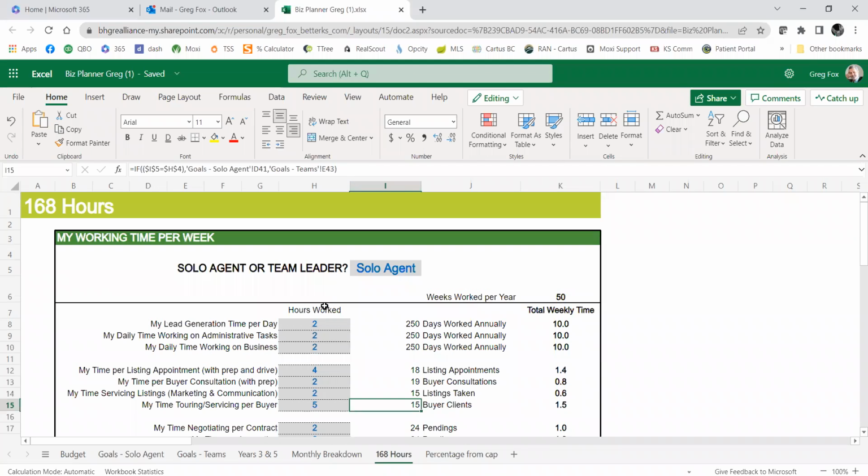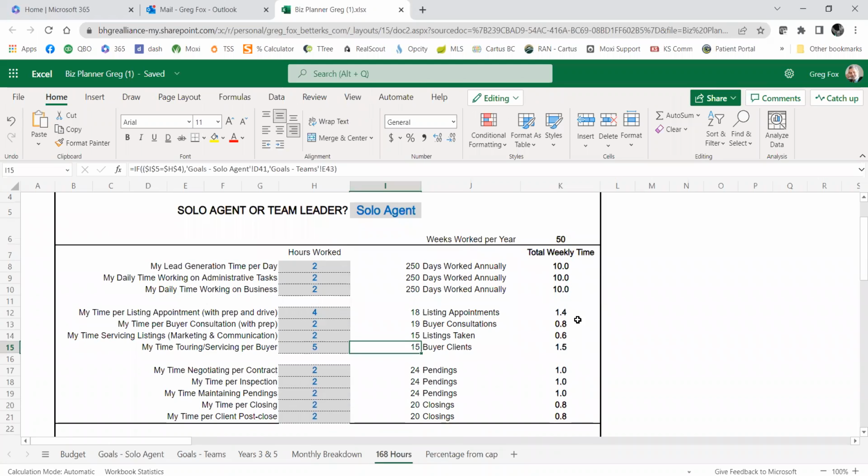And when you put those in, then what happens over here is how much weekly time do I need to get the time I want to commit? I want to commit, not what it told me, to lead gen. Well, I need 10 hours a week. Do I do it all in one day? I don't know. Maybe I do it all in 2 days.